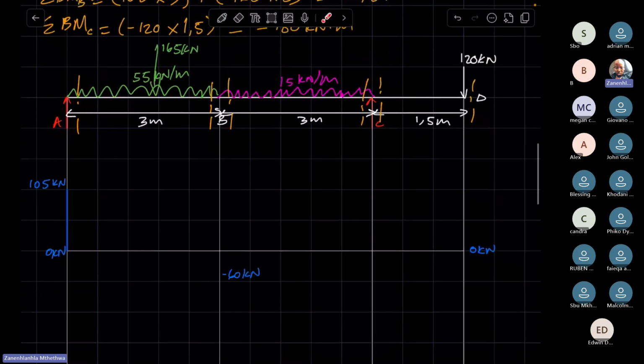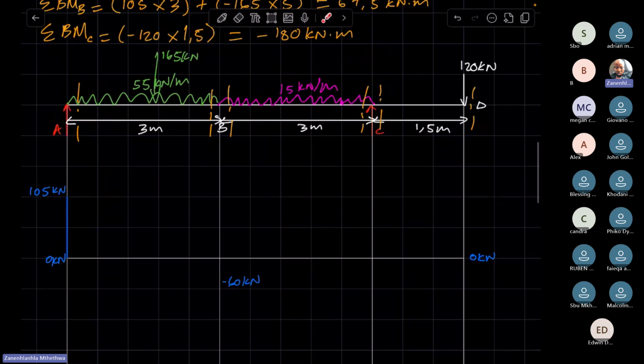Now with the shear force diagram, wherever you have a UDL on the beam, how we show that is by drawing a diagonal line. Seeing that in this span of the beam we have a UDL, the way we show it is by drawing a diagonal line from where we are to where we are headed.